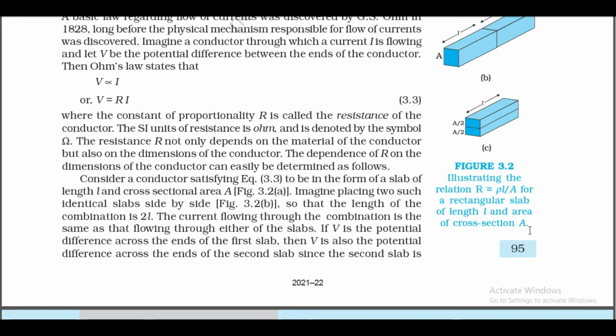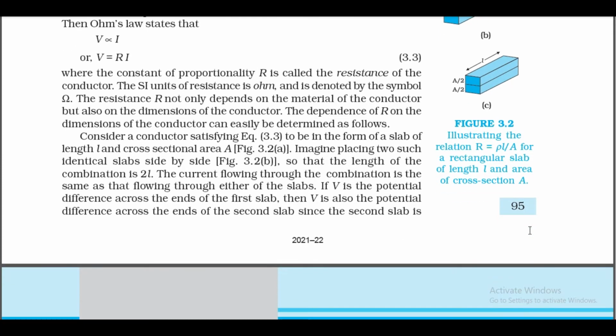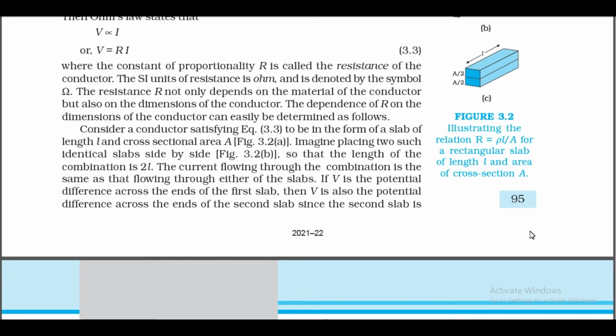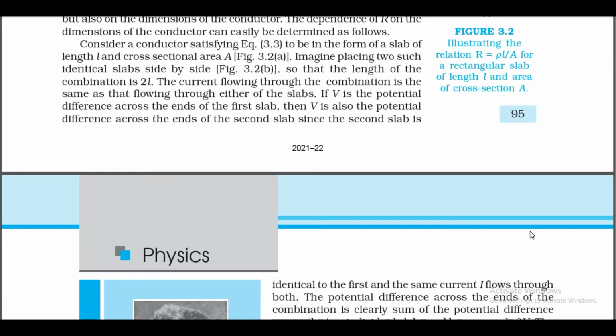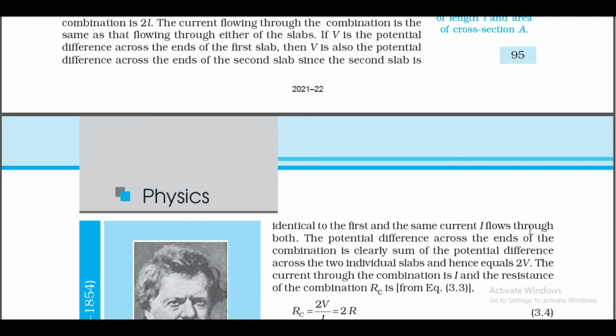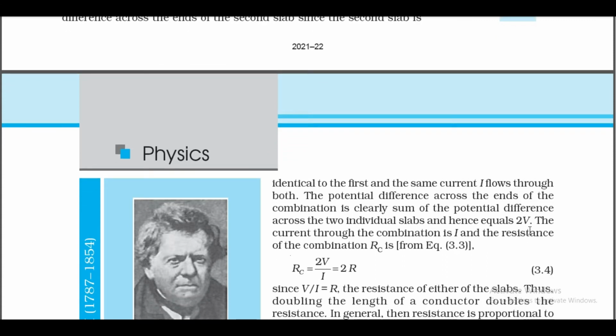The current flowing through the combination is the same as that flowing through either of the slabs. If V is the potential difference across the ends of the first slab, then V is also the potential difference across the ends of the second slab. Since the second slab is identical to the first and the same current I flows through both, the potential difference across the ends of the combination is clearly the sum of the potential differences across the two individual slabs and hence equals 2V.